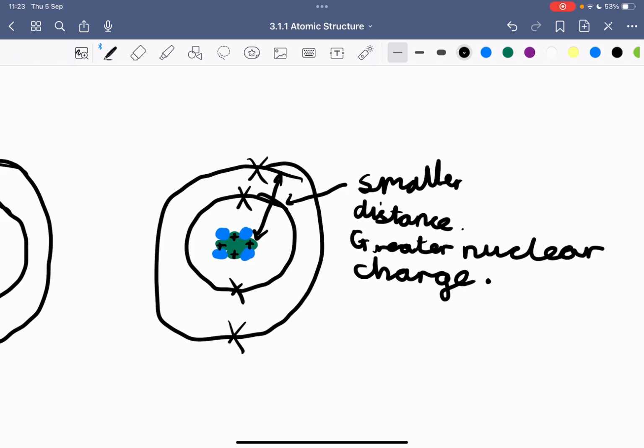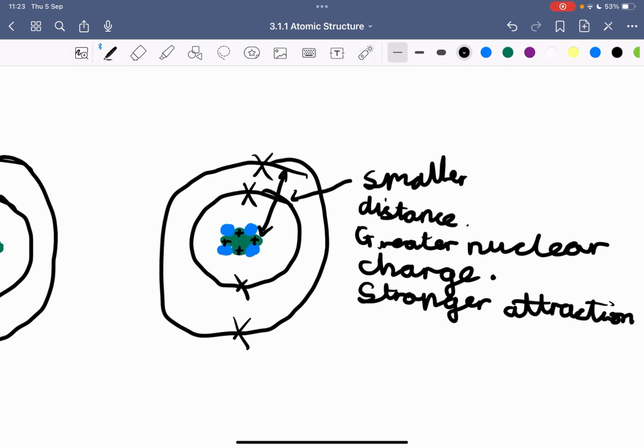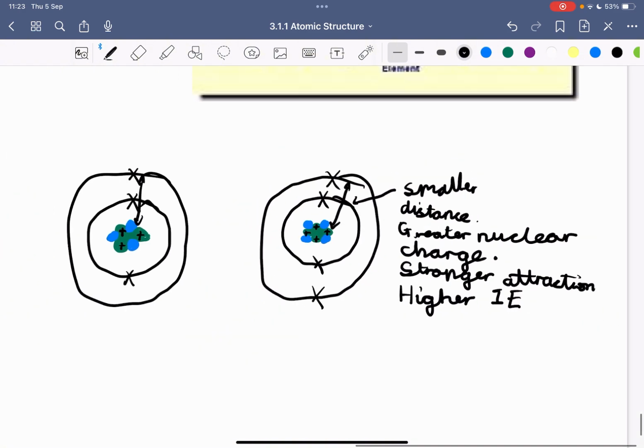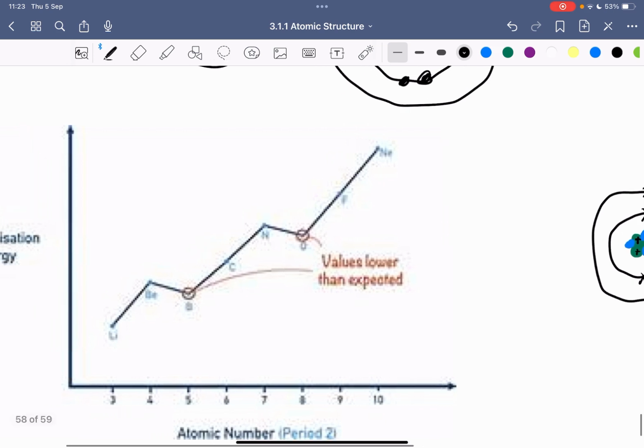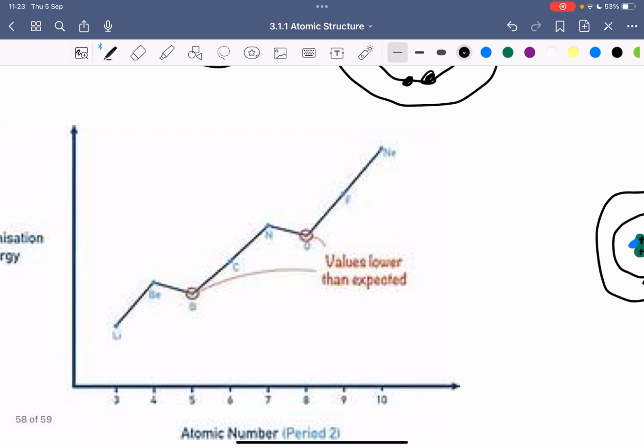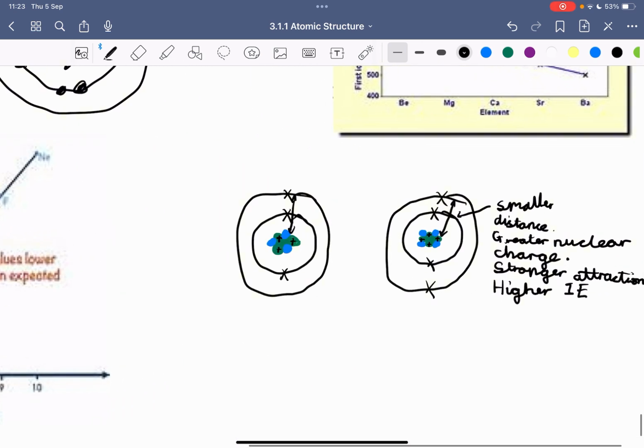So with this smaller distance and greater nuclear charge, there's going to be a stronger attraction, so a higher ionization energy. So the general trend across the period is that the ionization energy increases due to these reasons.